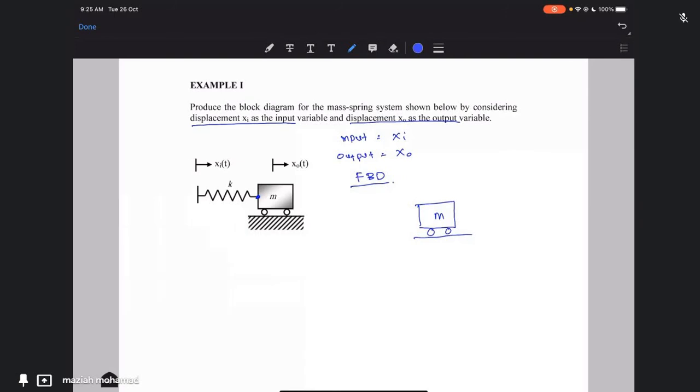From the system, only one force acts on the mass, and that is due to the spring.